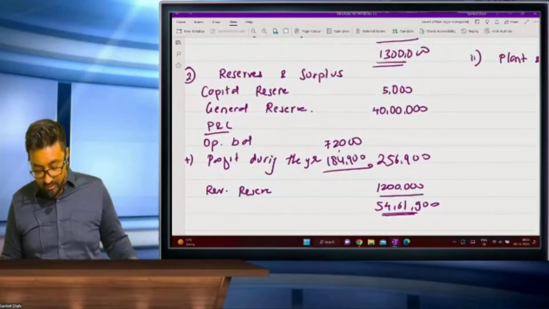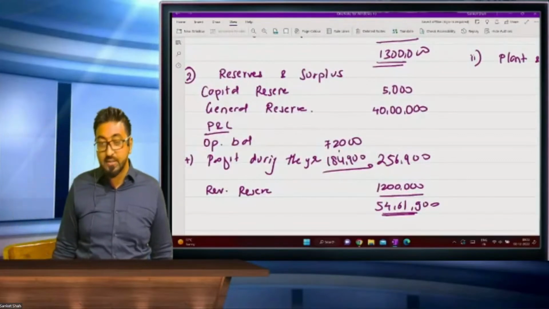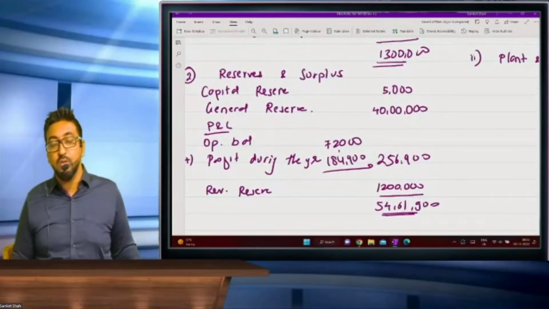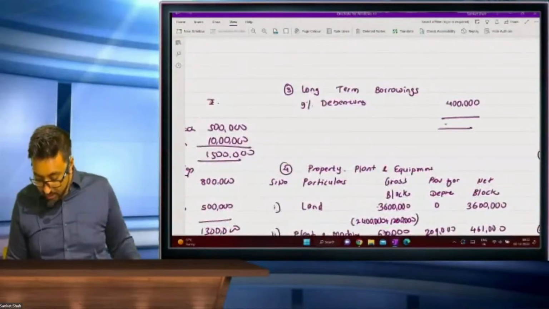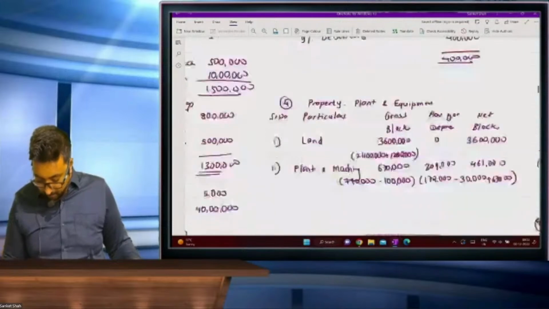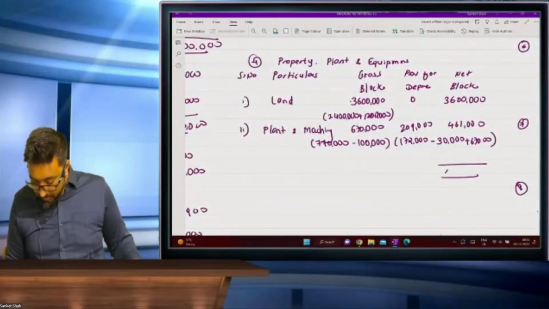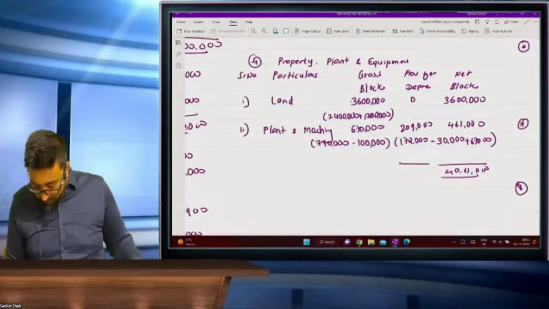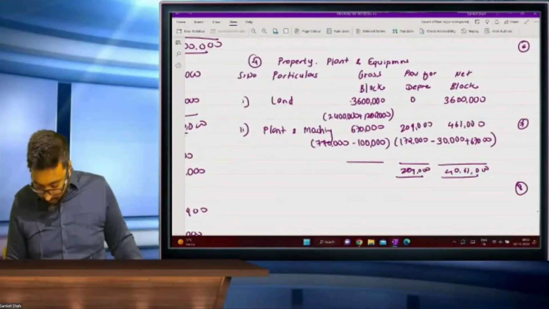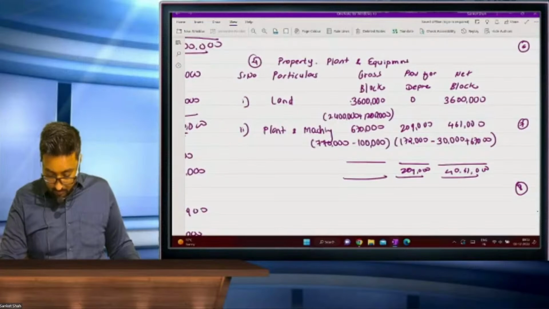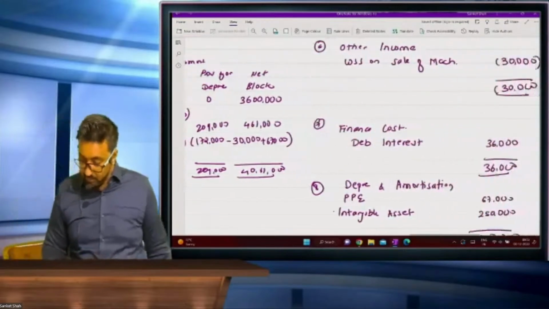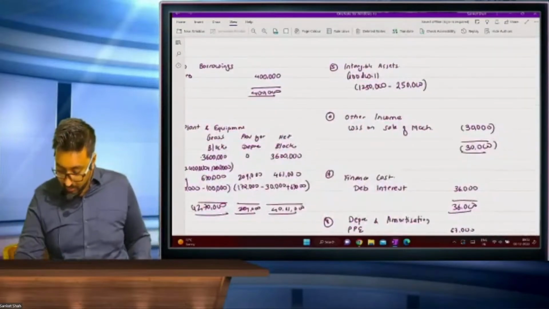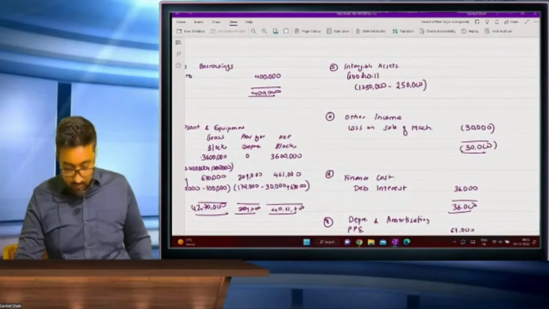Capital reserve, general reserve, P&L, beta, opening balance and profit during the year. So first close P&L and then you will get reserves and surplus. 9% debentures, beta, same 4 lakh. This is 40 lakh 61,000. And goodwill 10 lakh.